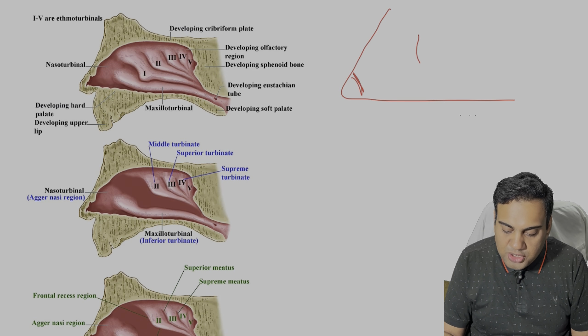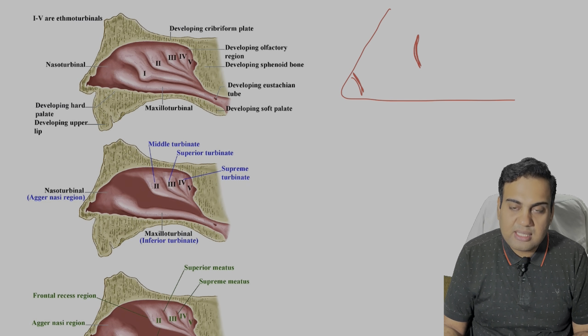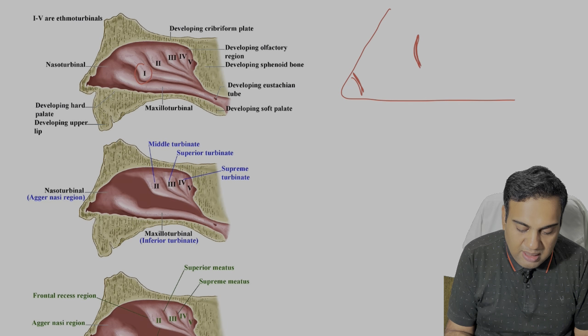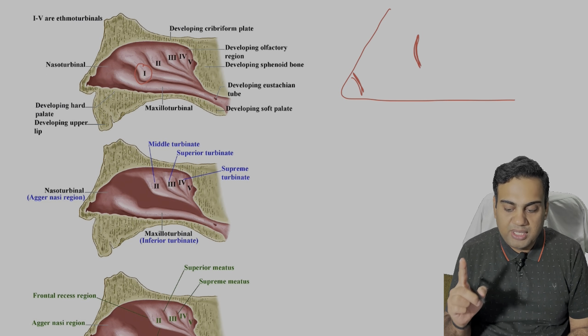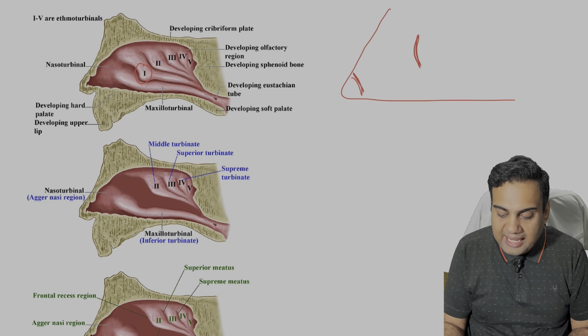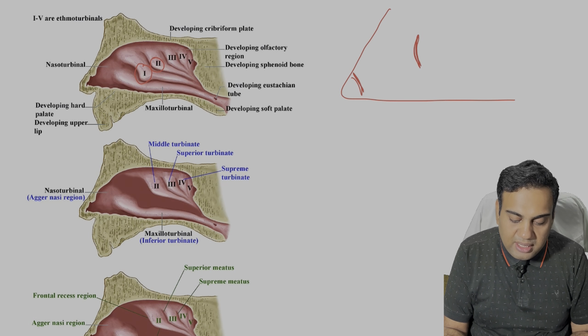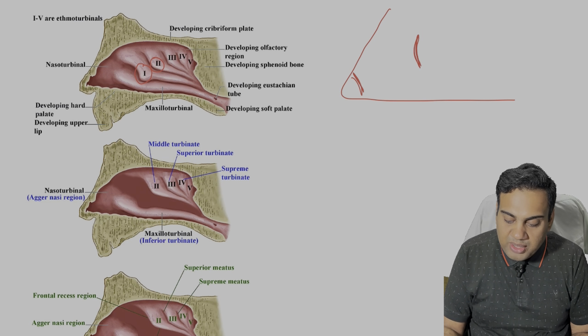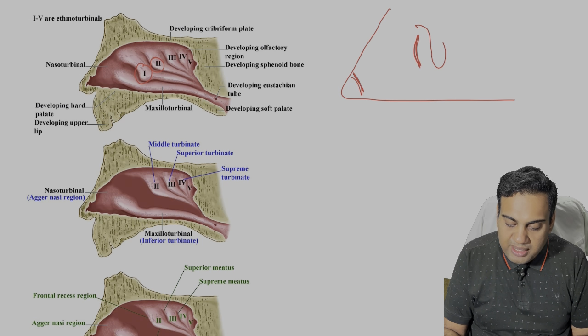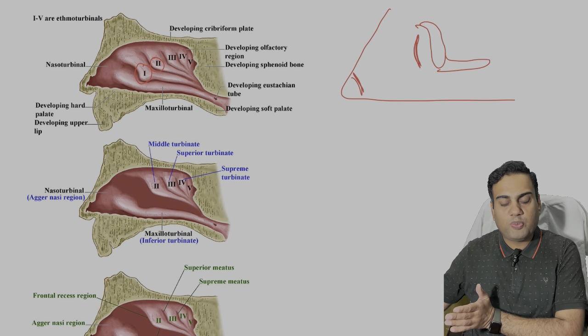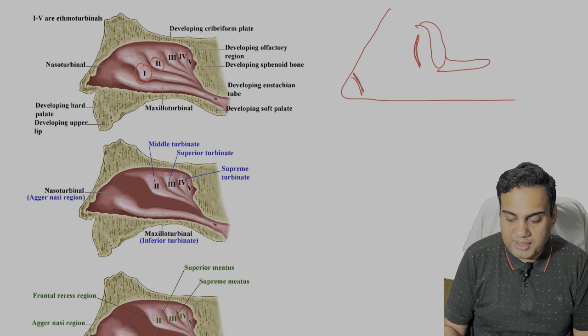The first projection that you see is the uncinate process, which has come from the first turbinal. The second turbinal gives rise to the middle turbinate. It grows posteriorly and gives rise to the middle turbinate.